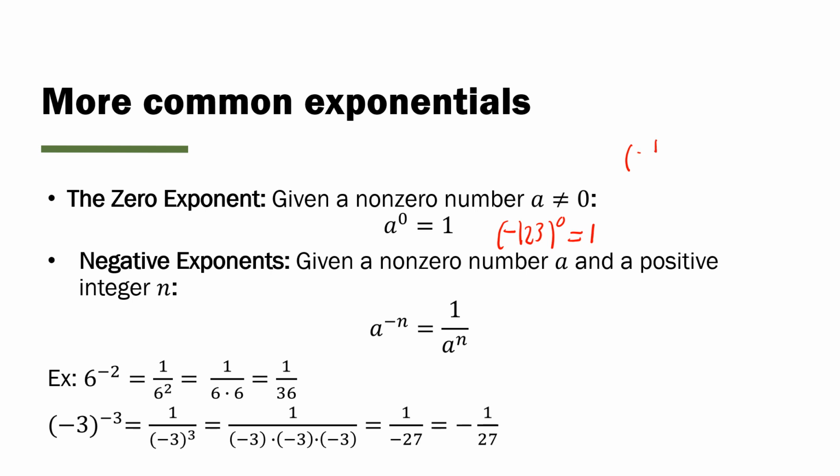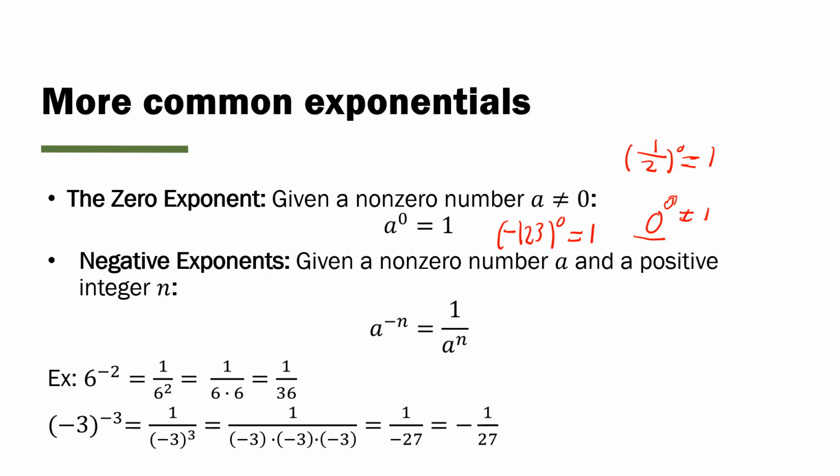And this also doesn't have to be just integers. It can be fractions and rational numbers. So 1/2 to the power of 0 also equals 1. The only number that's not valid is 0 to the power of 0. This is not equal to 1 because 0 to the power of 0 is not a rational expression.